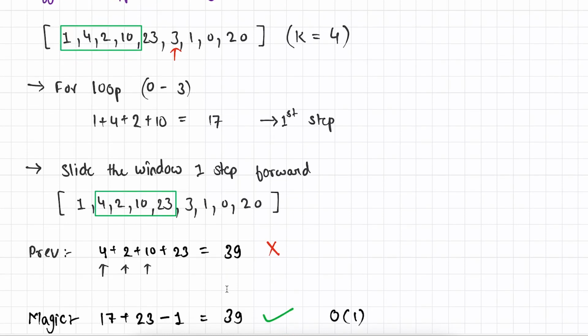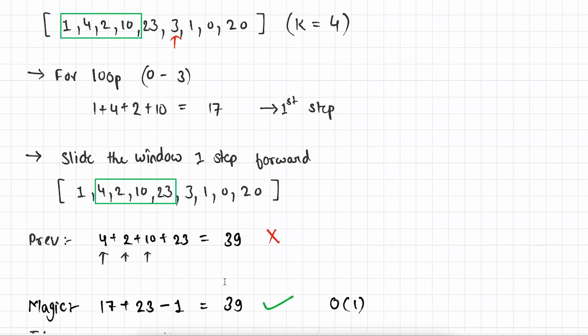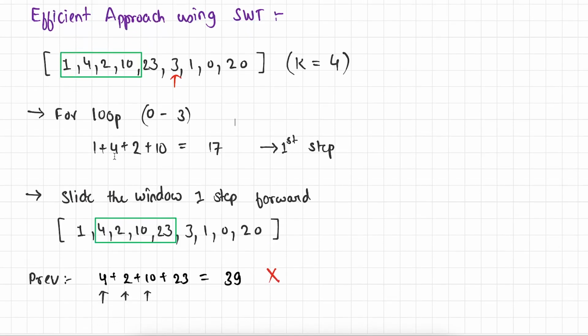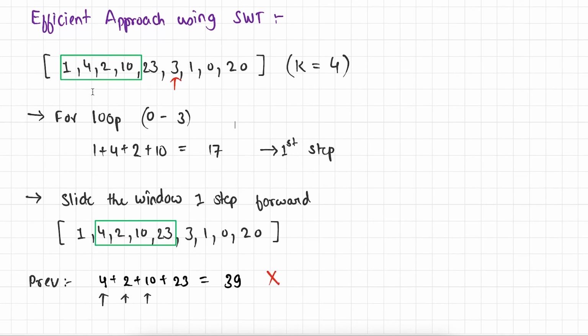Well, this is not the same case here, and this is where the magic of sliding window comes into the picture. If you look at these 2 windows carefully, in the first window we have already computed the sum of 1, 4, 2 and 10. And in the next window we are again going to calculate the sum of 4, 2, 10, 23. Why is it so?